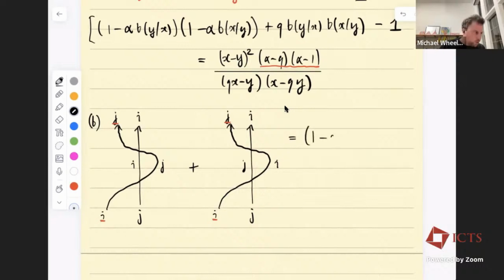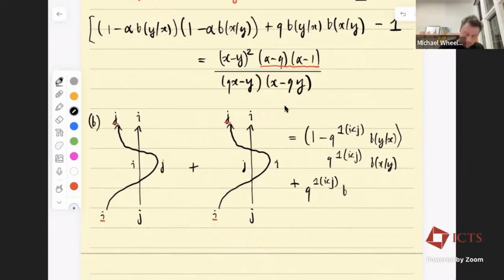So I have 1 minus q, the indicator that I is less than j, b of y over x, and q to the indicator of I less than j, b of x over y, and then plus q to the indicator that I is less than j, b of y over x, and finally 1 minus q, indicator that I is greater than j, b of x over y.